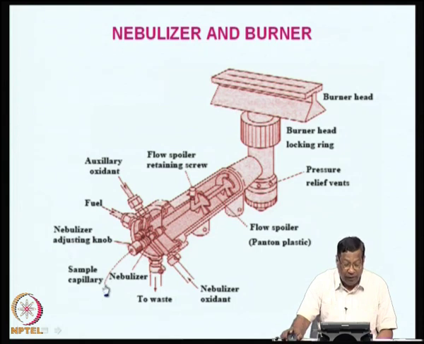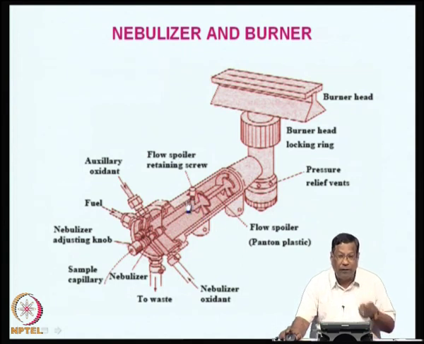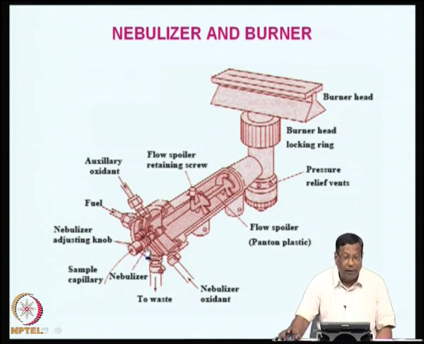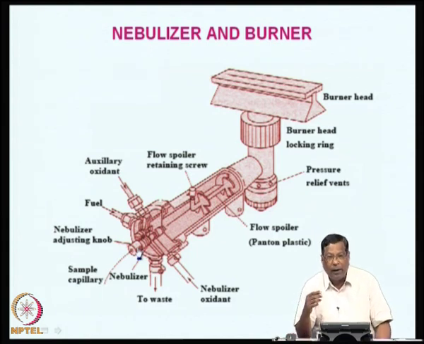So, the liquid will be sucked through a capillary, the sample capillary, and then released into this tube, which is fitted with flow spoilers or baffles, and the required force to suck the liquid comes from the fuel and the auxiliary oxidant. And in nebulizing, you can have a sort of control to change the aspiration rate.